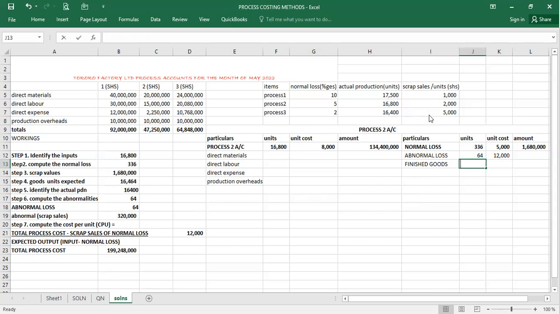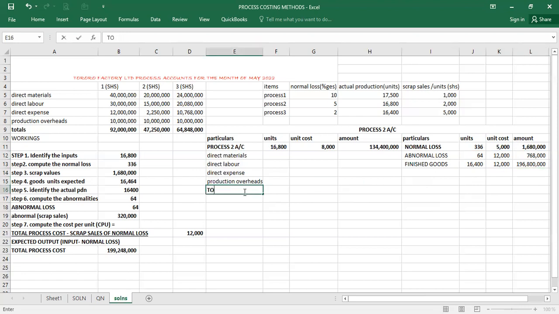It is the actual output, which is 16,400, and it is valued at 12,000. It will be this, we multiply by this. So we can get the total because there is nothing we have here.